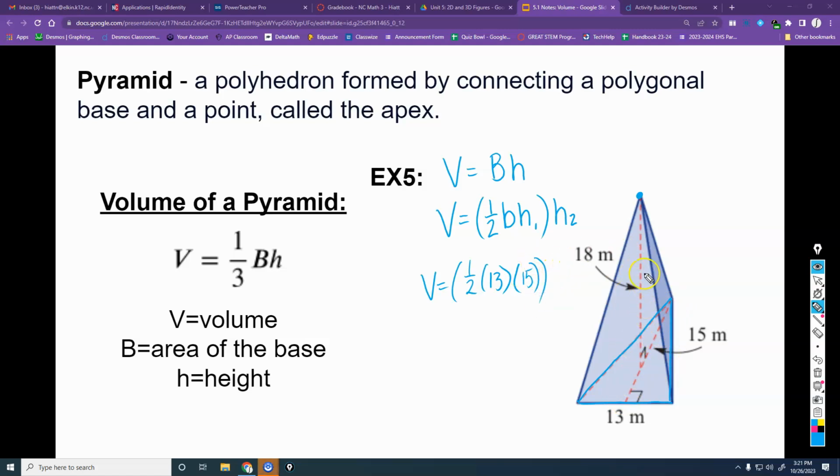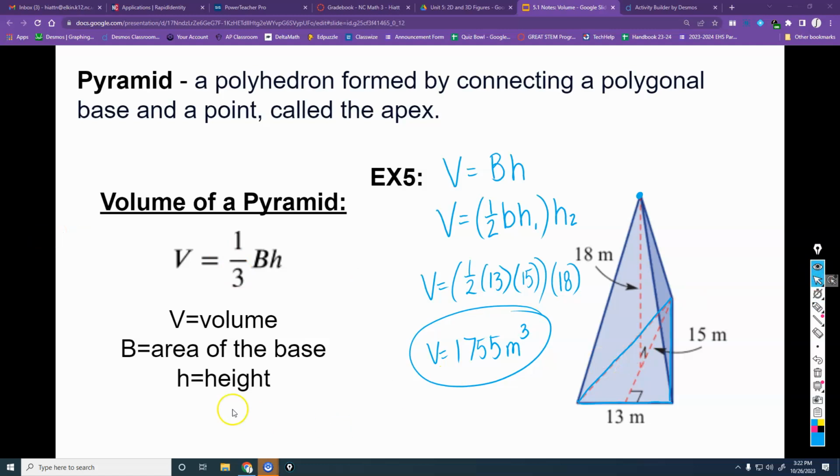And then we need to multiply by the vertical height of the pyramid, which would be 18. So if we type that in, we've got 1/2 times 13 times 15 multiplied by 18, and we're going to get 1,755, and that would be meters cubed for our answer there.